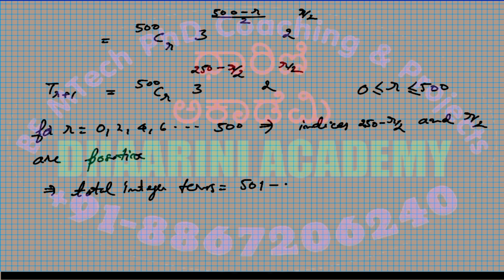Non-integral terms are 250 terms, which correspond to r equal to 1, 1 by 2, r equal to 3, 3 by 2, r equal to 5, etc. All those terms are subtracted. So totally you have 251, which is the right answer.